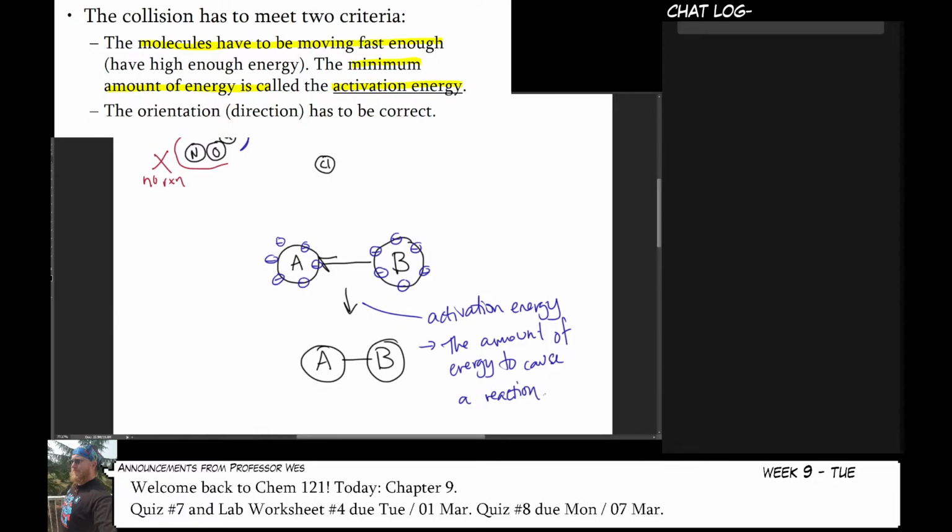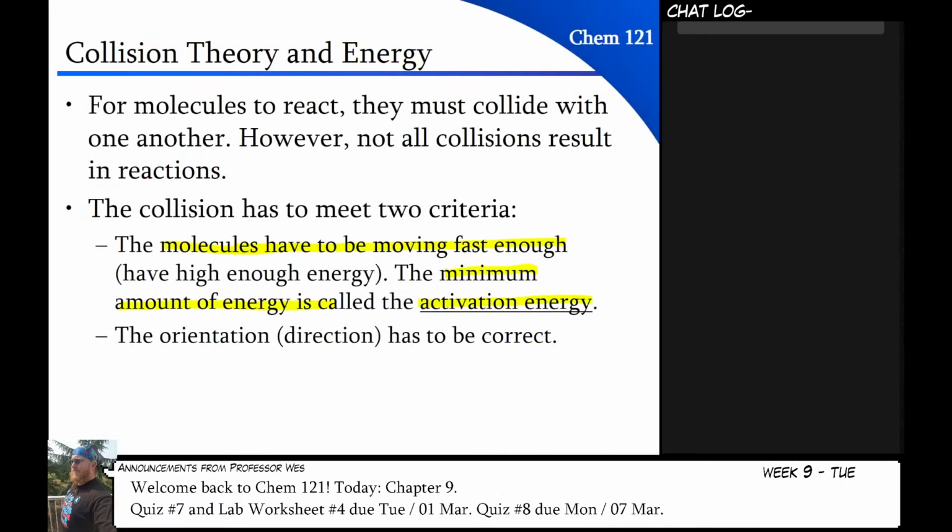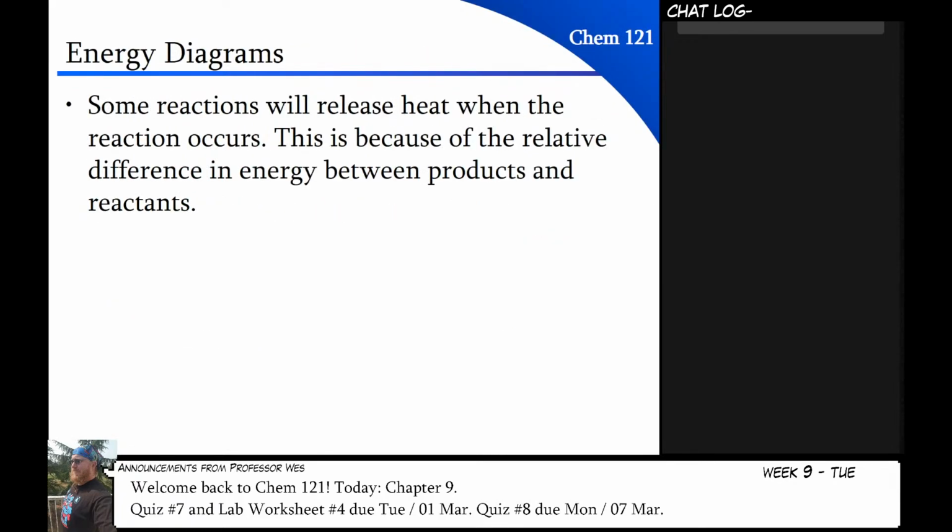If I have reached this minimum amount of energy, I will activate the bonding process. Or I will activate the breaking of a bonding process, depending on what I want the reaction to do. So we're going to concern ourselves with energy for this discussion.